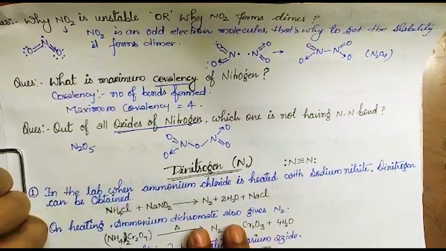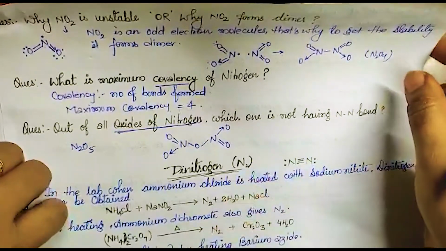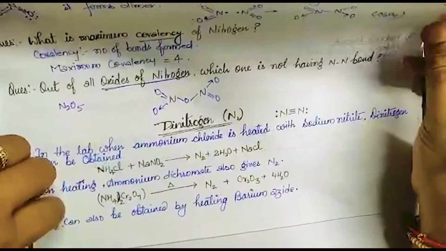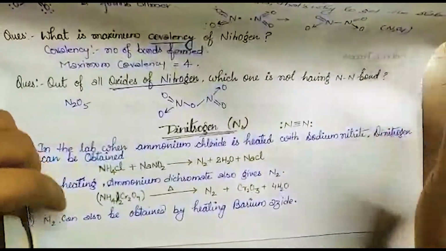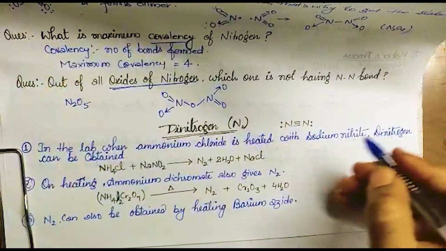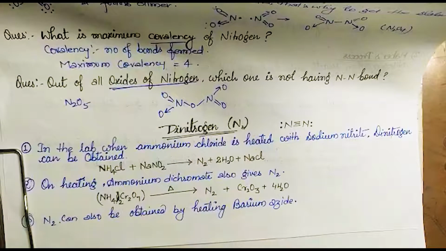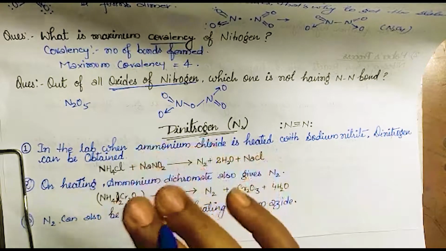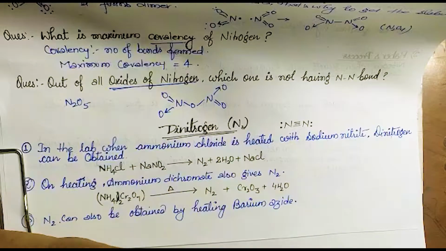In the lab, these are the reactions we have to learn, but I'm going to tell you the trick for this. You can make it a short point. First of all, in every reaction there will be both oxidation and reduction.